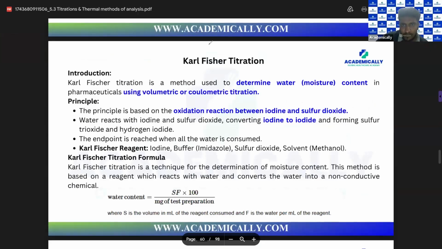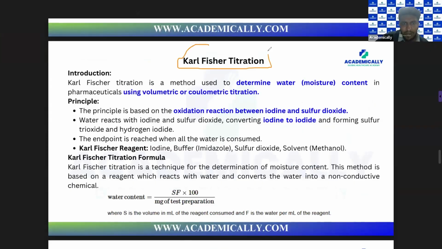So Karl Fischer is basically used to estimate the moisture and the water content. And what is it based upon? It is based upon the oxidation reaction between iodine and sulfur dioxide, GPAT 2017.